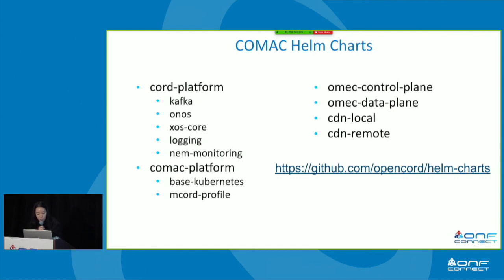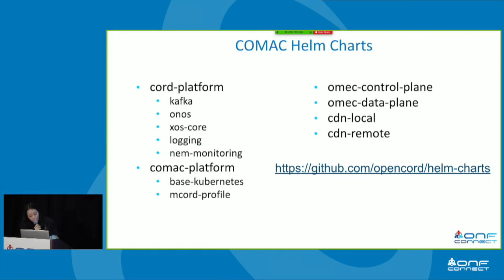This is the Helm chart that we use to deploy our whole COMAC system. The core platform and COMAC platform is an umbrella Helm chart that includes multiple subcharts inside it. There's an OMEC control plane Helm chart and an OMEC data plane Helm chart, and CDN local and CDN remote as our example services.